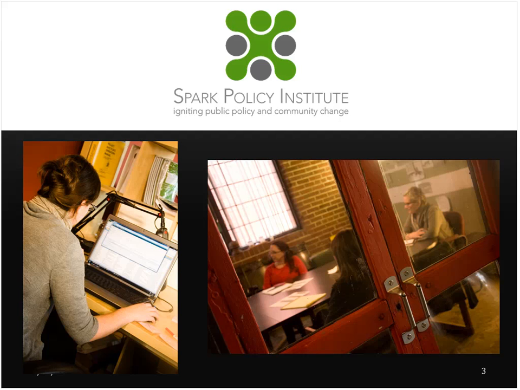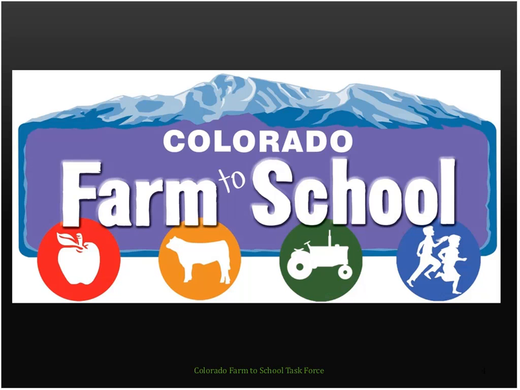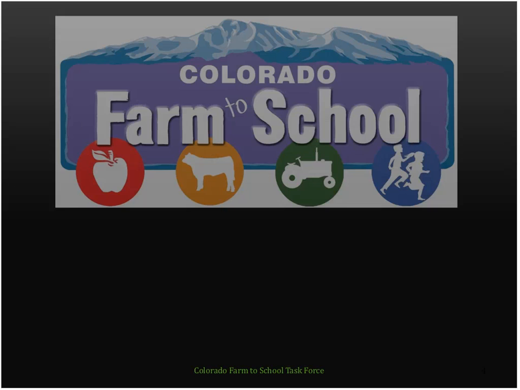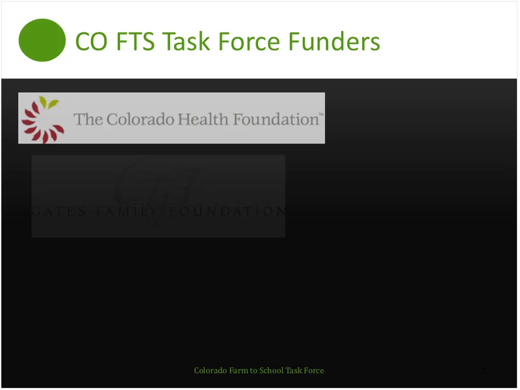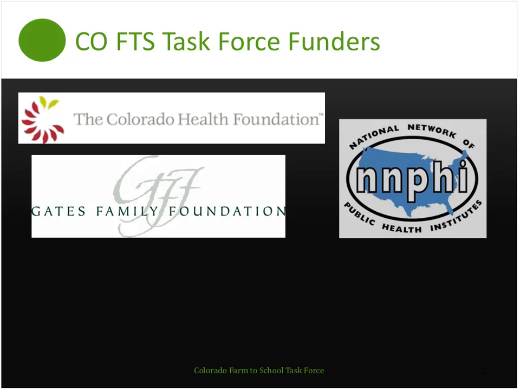For the task force, we provide a wide range of services, including research, regulatory and legal analysis, evaluation, facilitation, and training. The task force has 15 appointed members, and it is charged with increasing the use of local farm and ranch products in school food service programs in Colorado to improve child nutrition and strengthen our local and regional agricultural economies. The task force receives no funding from the state of Colorado.